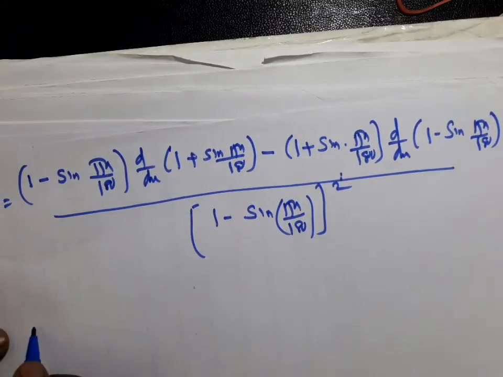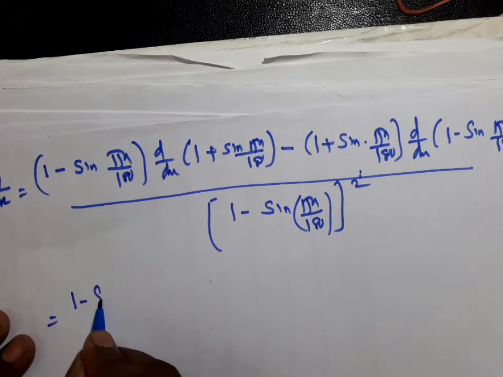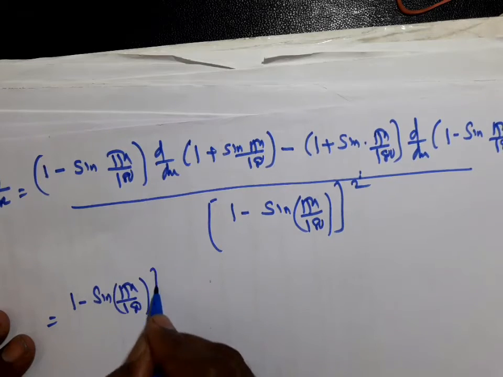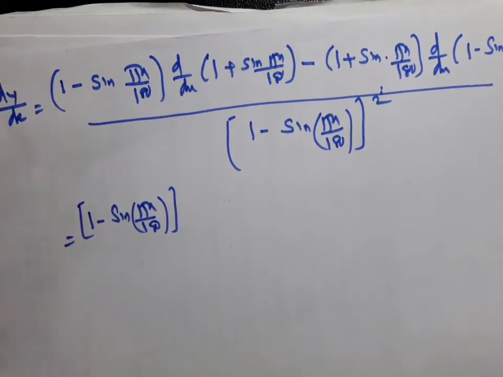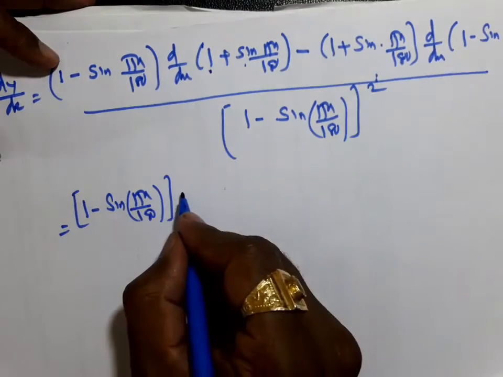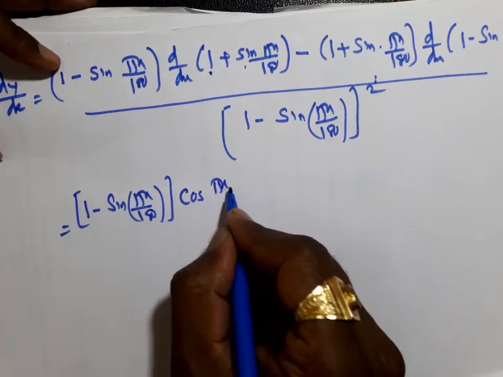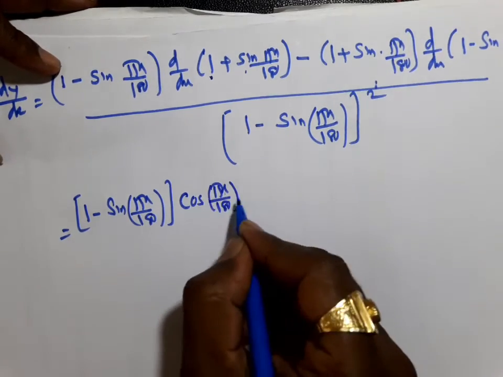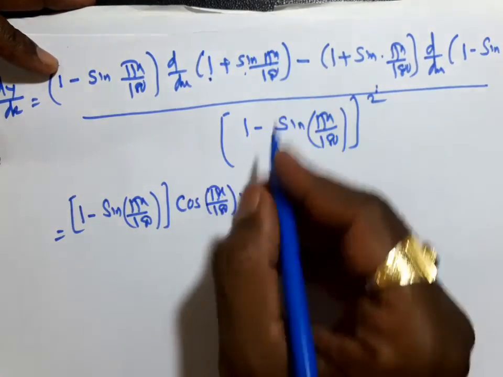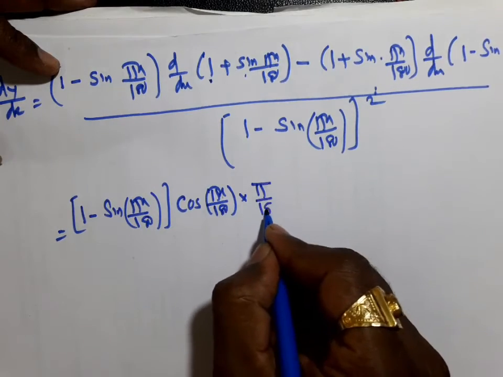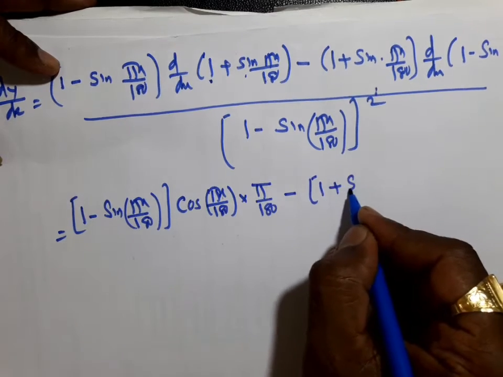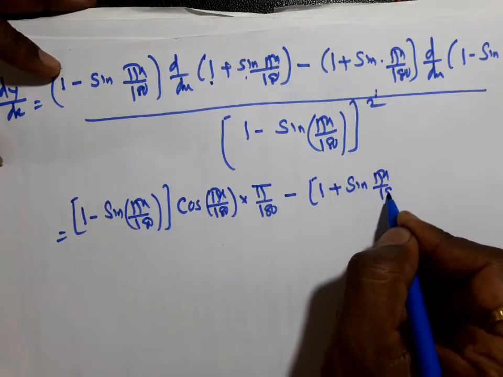Now the derivative. 1 minus sine pi x upon 180 will have no change. Derivative of 1 is 0. Derivative of sine is cos pi x upon 180 into derivative of this term. Derivative of x is 1, so it will be pi upon 180. Minus (1 plus sine pi x upon 180).